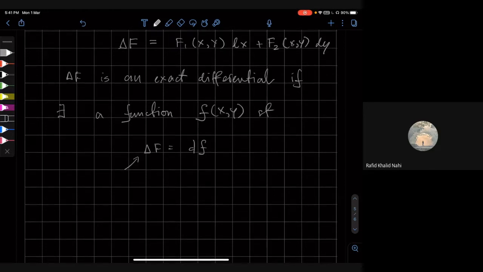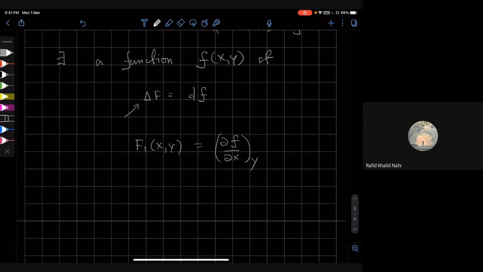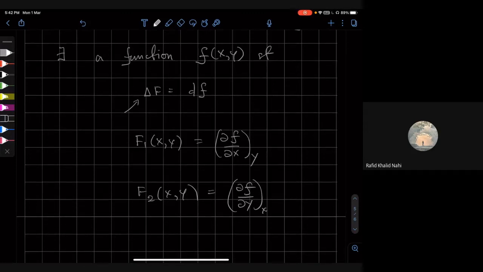In other words, if f1 of x and y is equal to del f by del x of x and y, and if f2 of x and y is equal to del f by del y of x and y, then we can say delta f is an exact differential, okay?